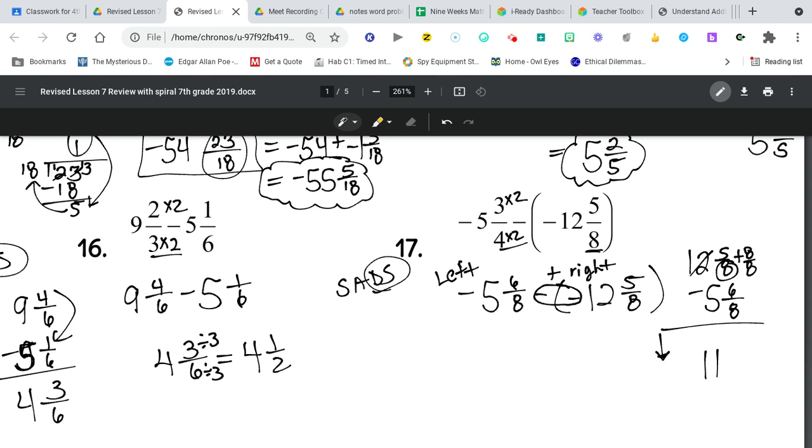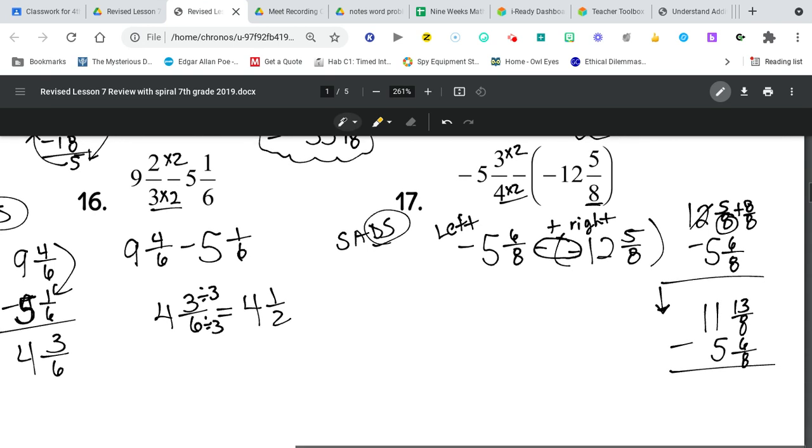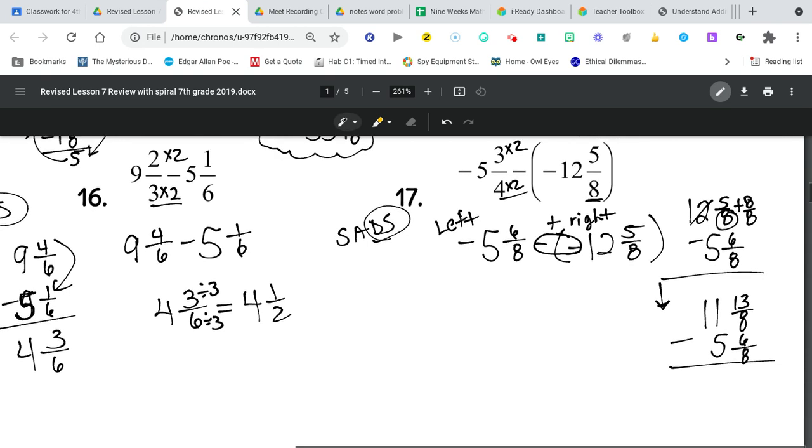So that's 11 and 13/8 minus 5 and 6/8. So 13 minus 6 is 7. And 11 minus 5 is 6. And it's more to the right than it is to the left. So it's going to be positive 6 and 7/8. And just know I went down here.